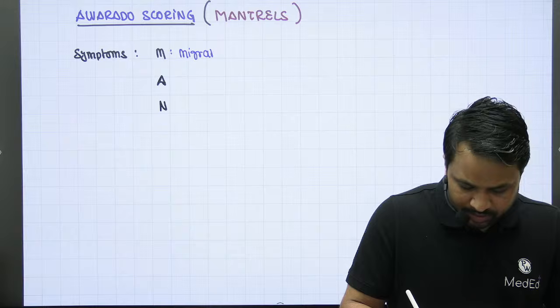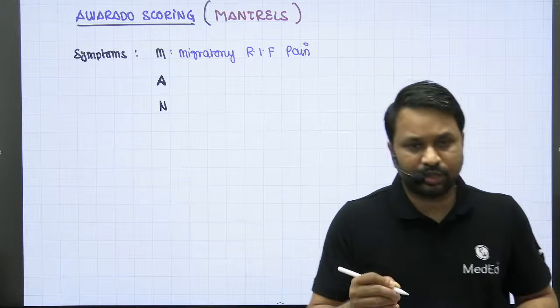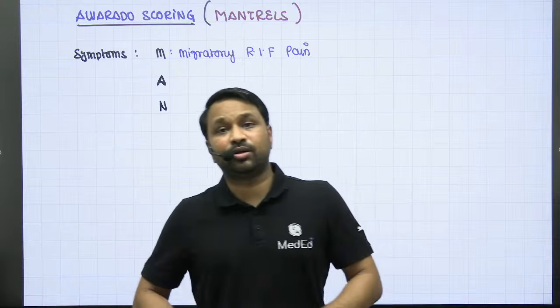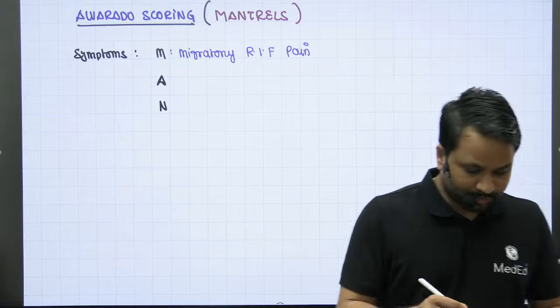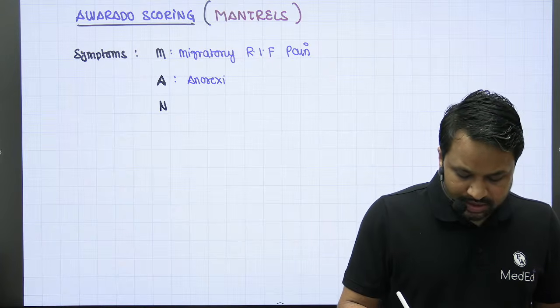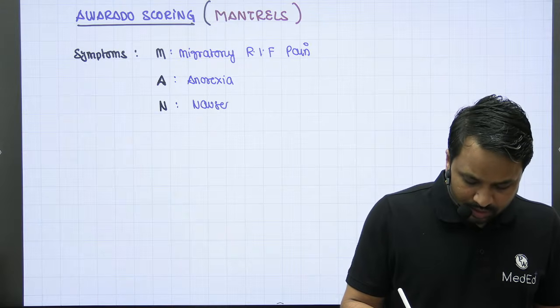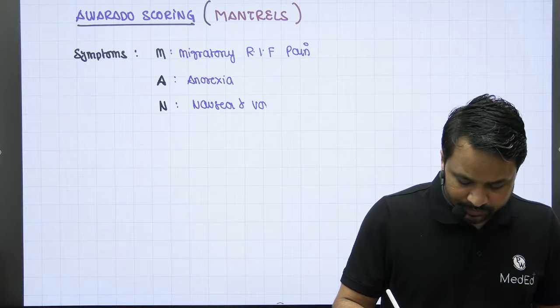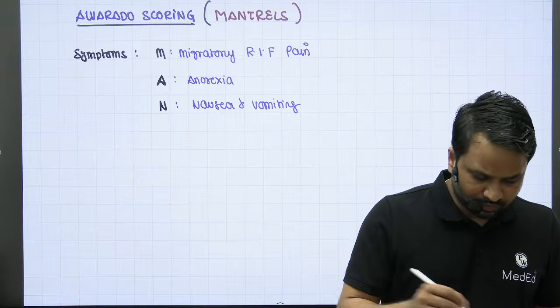That means initially the patient will say there is a diffuse abdominal pain, and later on it localizes to the right iliac fossa. Anorexia is one of the most consistent findings in acute appendicitis. Along with that, there will be nausea and vomiting.